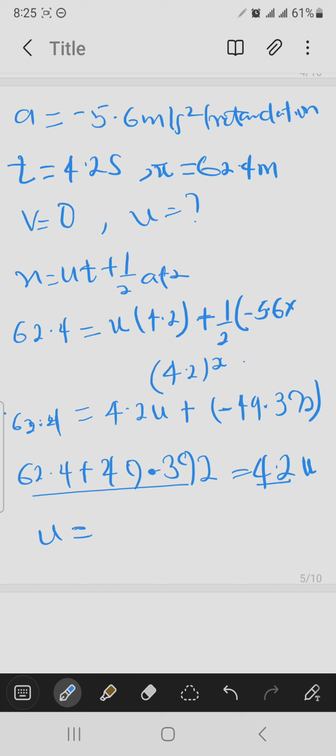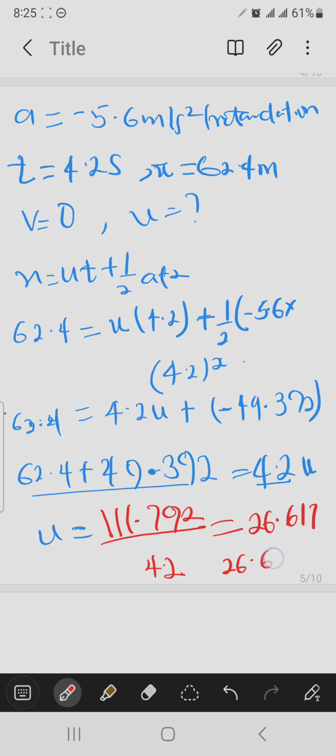So we now have u equal to, when we add 62.4 plus 49.392, we have 111.792 divided by 4.2. So the answer is going to be 26.617, which is approximately 26.62 meter per second. So this is going to be the answer for this. Comment on the section below.